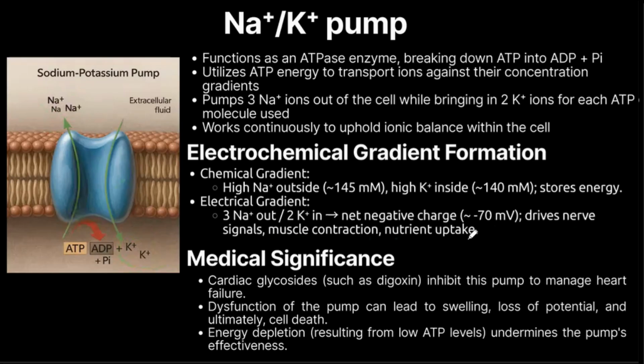I want you to think of things like the heart, or when you have some sort of nerve issue, you often think of some sort of electrical gradient, and you want to think of it that way when you're talking about the sodium-potassium pump. This is really important for things like cardiac glycosides, which is just a way to say heart failure, dysfunction that leads to swelling or cell death, and energy depletion if there is some sort of result that leads to low ATP.